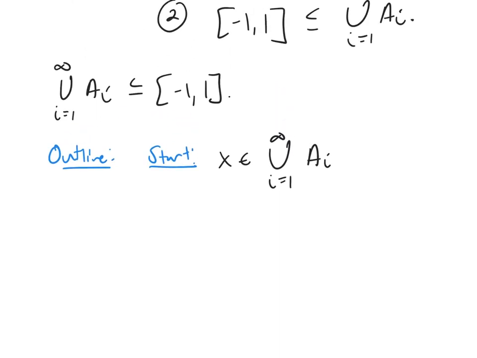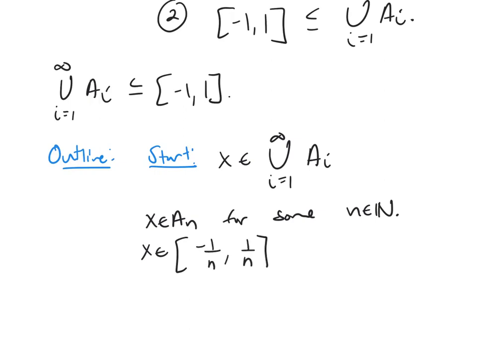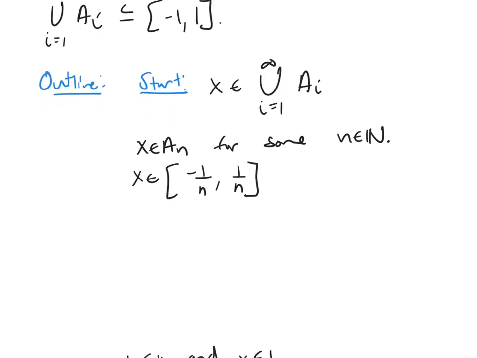So we're going to go back to our start now. To be in the union of these sets, x just needs to be in one of them. So x is in A_n for some n in the natural numbers. But that means x is in the interval -1/n to 1/n. That means x is greater than or equal to -1/n, and x is less than or equal to 1/n.